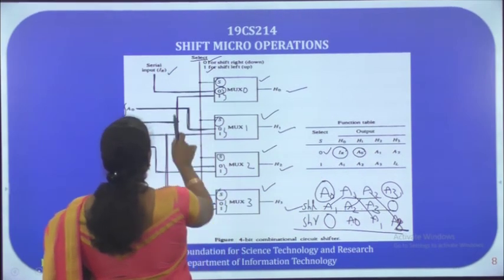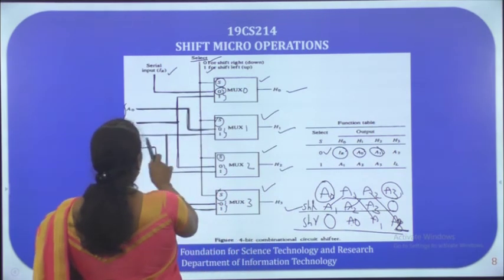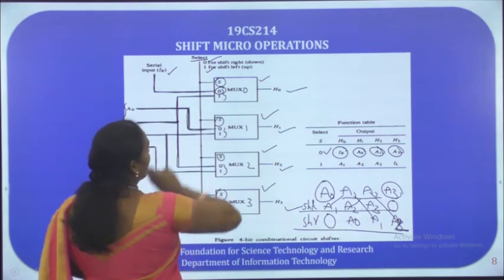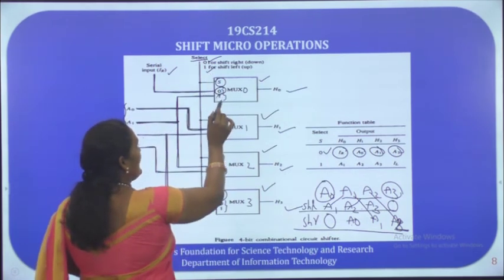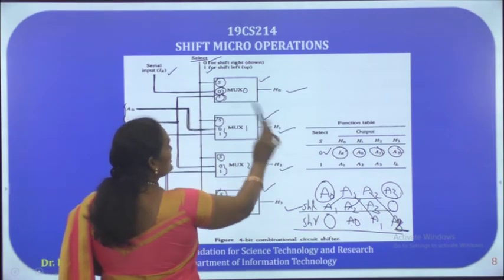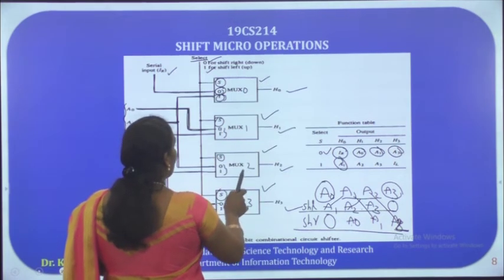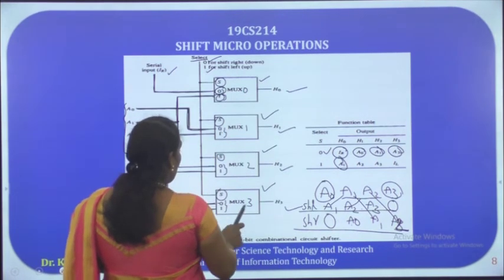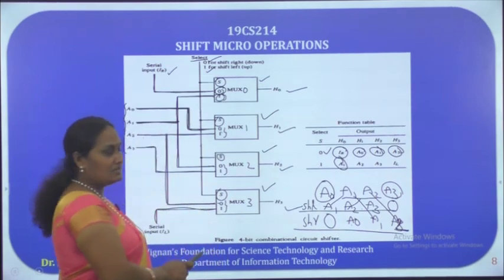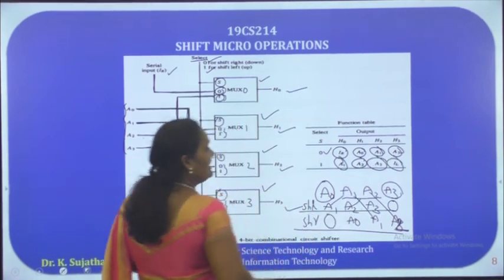Next this is connected to A1, so A1 becomes H2, and this is connected to A2, so A2 becomes H3. In the same way, if selection input is 1, then the 1 input becomes active. Since 1 is connected to A1, H0 becomes A1, H1 becomes A2, H2 becomes A3, and H3 becomes the serial input IL.